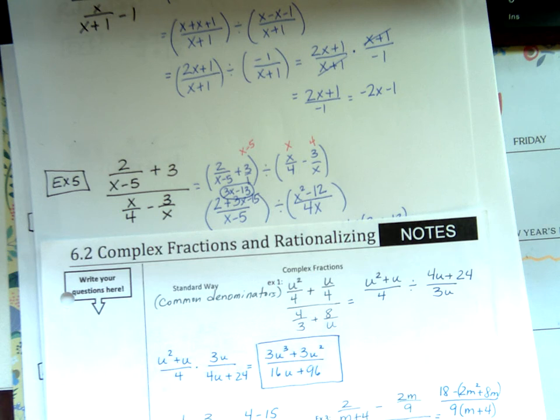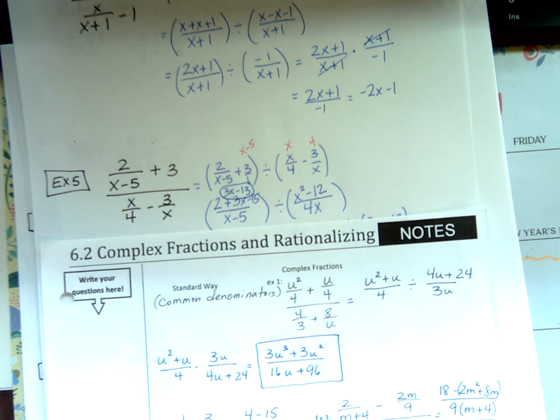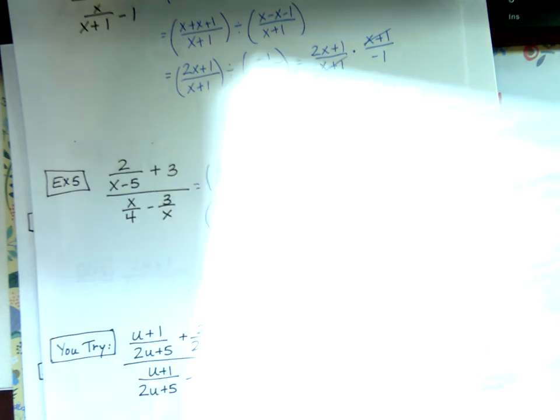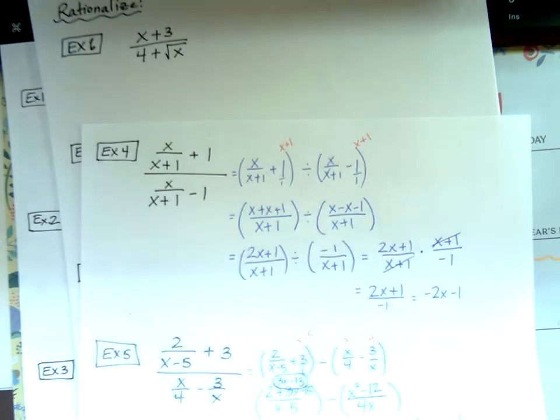Somebody in math said you can't leave a square root in the denominator. So it requires a rationalizing skill. But what happens when you've got ugly rationalizing situations like example 6? Let me show you this guy. See him?